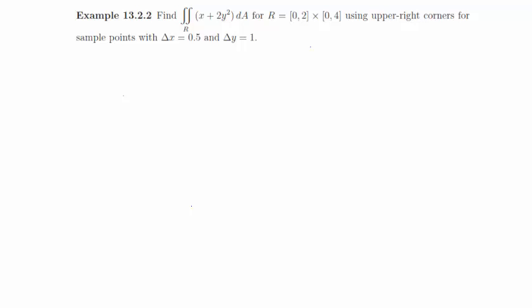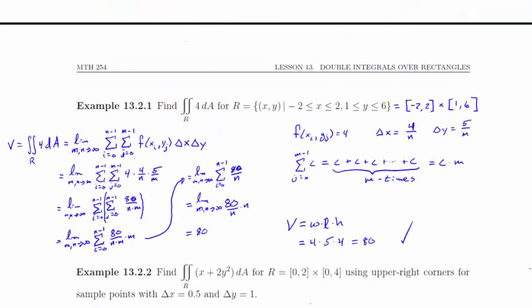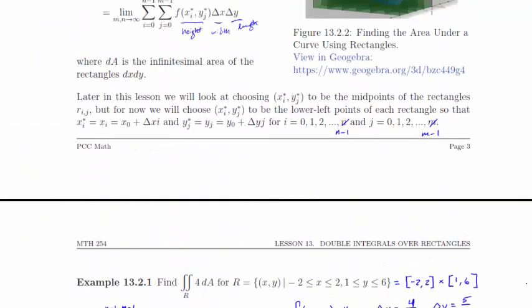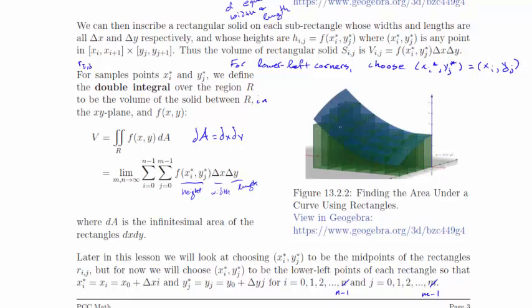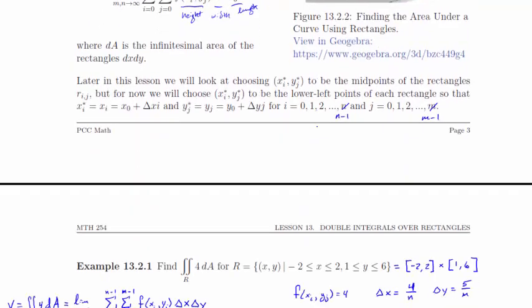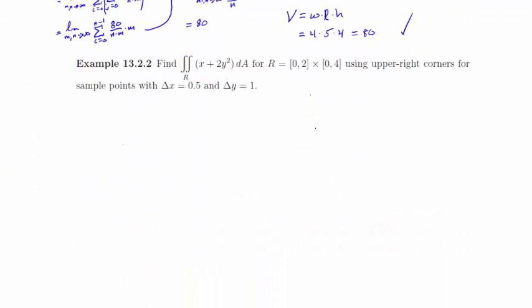We're going to use upper right corners for sample points, with a delta x of 0.5 and a delta y of 1. So we're not going to take the limit as delta x and delta y go to 0. We're just going to get the approximation of the volume of these rectangles underneath the surface without getting an exact volume.